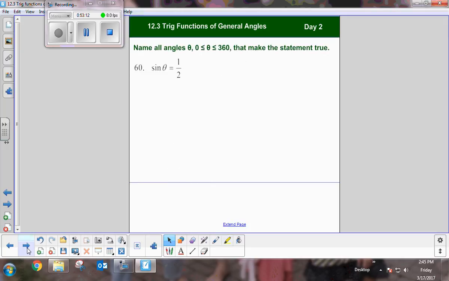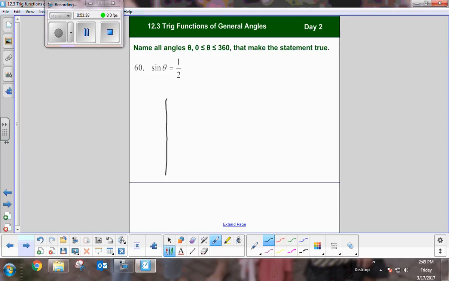Okay, so now look, sine is a half. Is it going to be a quadrantal angle? No. We may not be able to find only one quadrant where this is true, because sine is positive. Where is the sine positive? First and second quadrant.